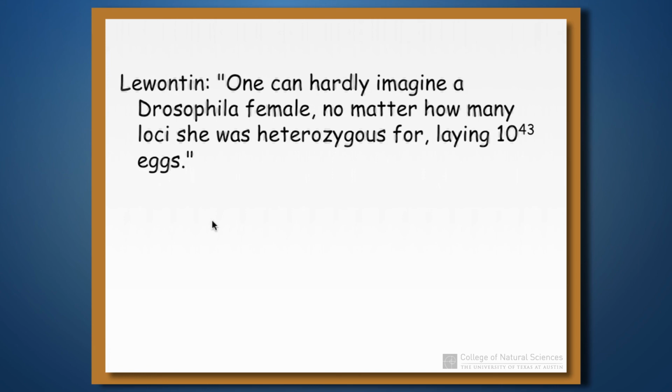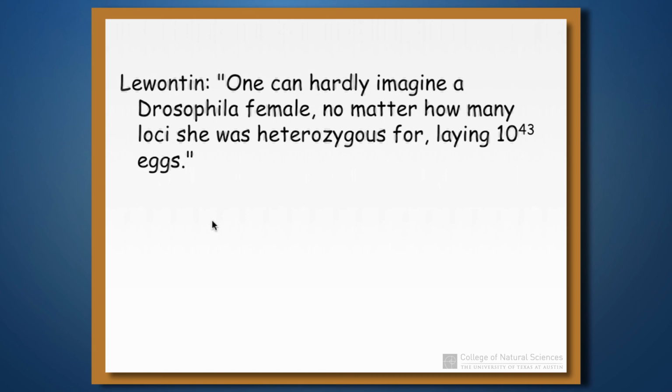The reason he said it this way is that if the population has a genetic load of 1 minus 10 to the negative 43 power, it means that if a female was able to survive to adulthood in this condition, she would have to lay at least 10 to the 43 eggs to ensure that at least one female would survive to adulthood in the next generation, so she could then go on to lay 10 to the 43 eggs. No organism is ever going to lay 10 to the 43 eggs.